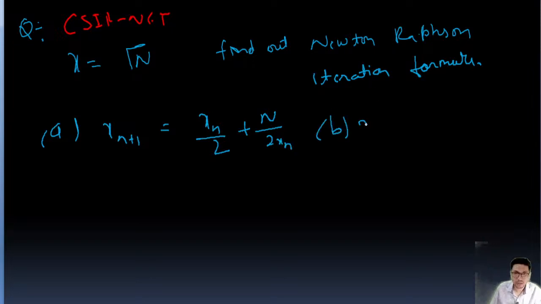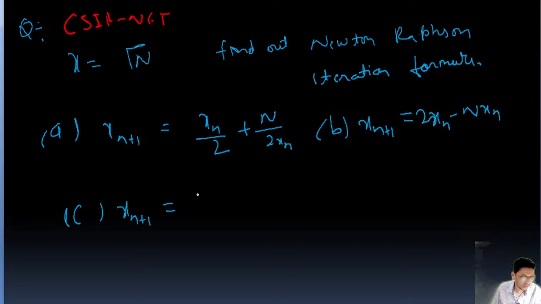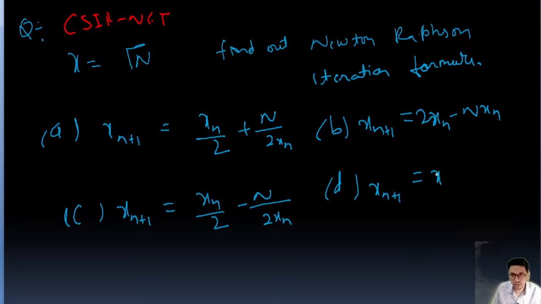Option B: xn plus 1 equal to 2xn minus n xn. Option C: xn plus 1 equal to xn by 2 minus n by 2xn. Option D: xn plus 1 equal to 2xn plus n xn.